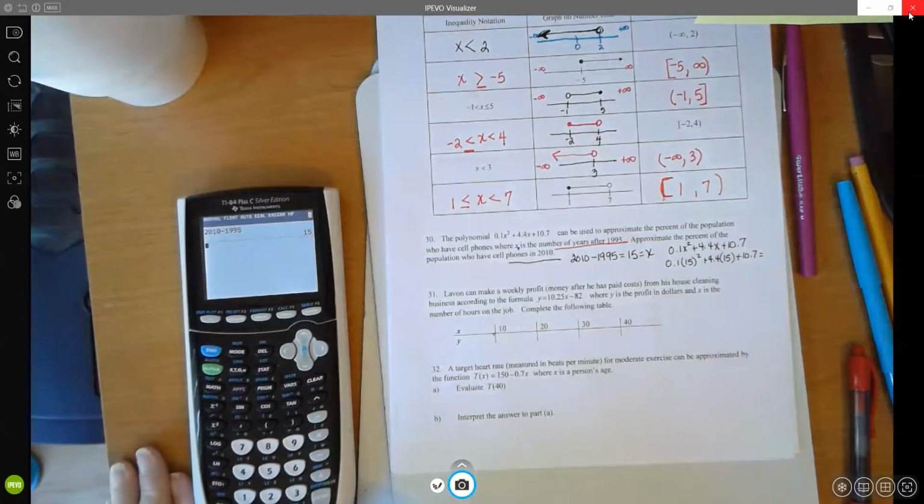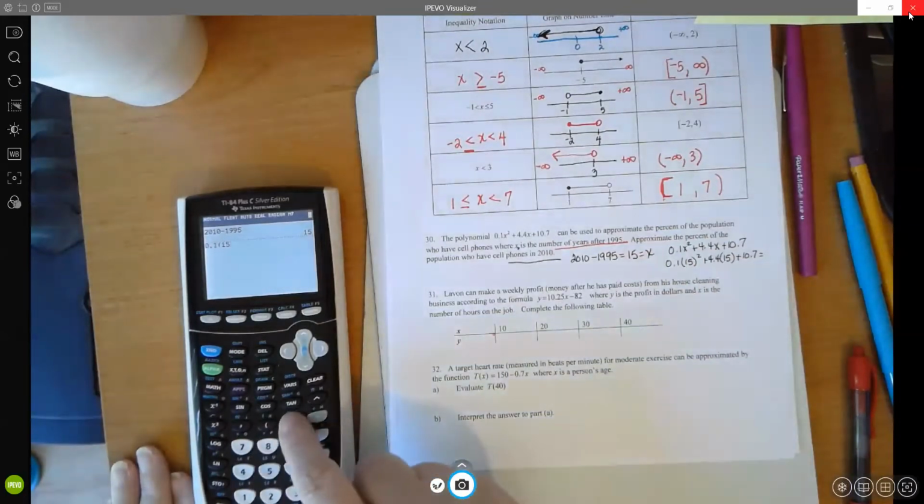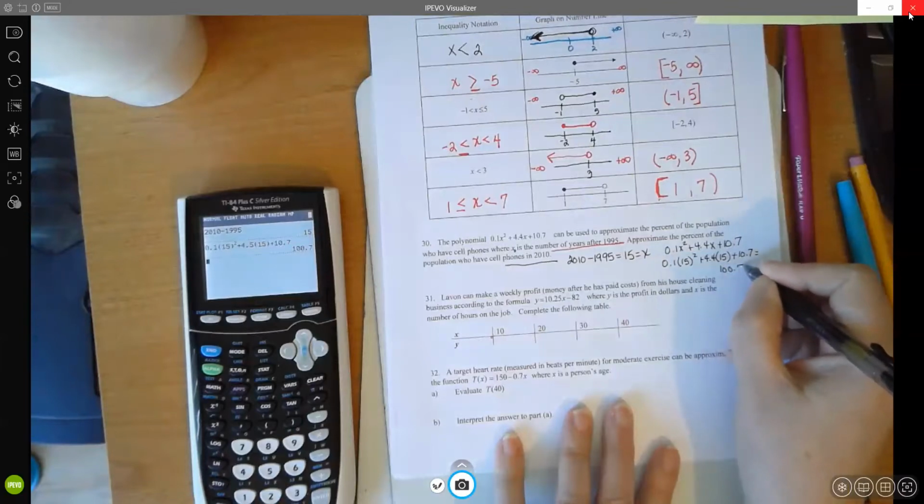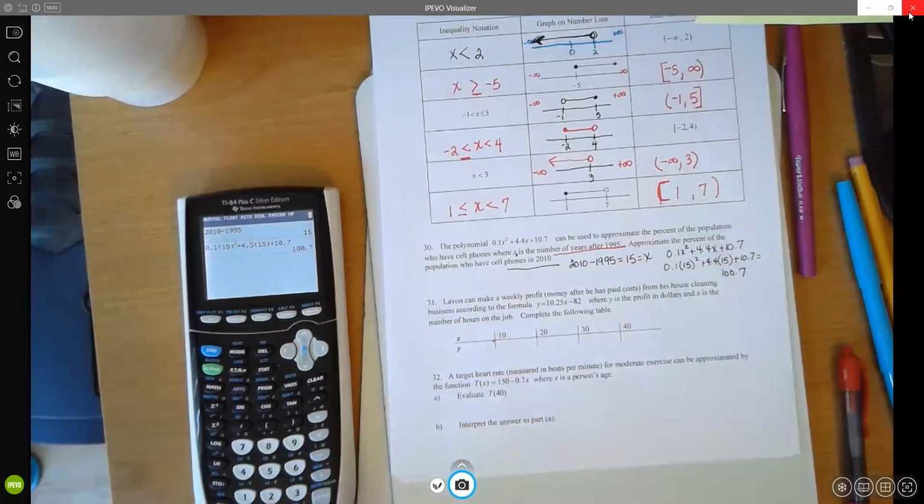At that point, you can then go 0.1 times 15 squared plus 4.4 times 15 plus 10.7. Enter on your calculator. And oh wow, that's 100.7, and that would be 100.7% of the population. That just doesn't seem right, so maybe I typed in something wrong.